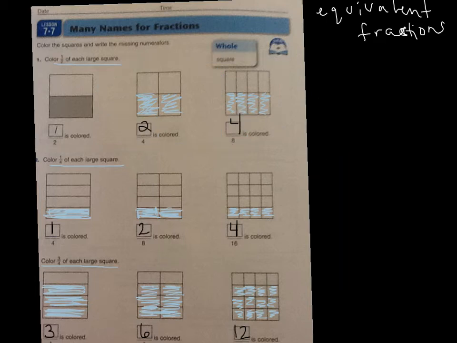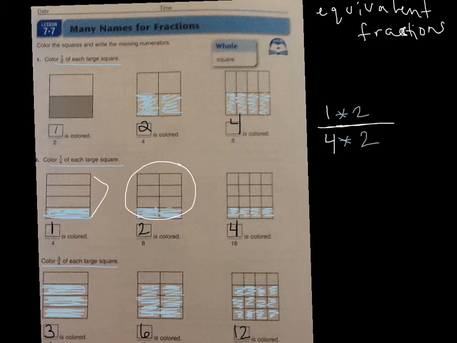We can do the same thing with problem number 2. We started with 1/4, and now instead of 4 equal parts, there are 8 equal parts. So that's twice as many equal parts, which means that we doubled our fraction or multiplied it by 2, which equals 2/8, same as right here.